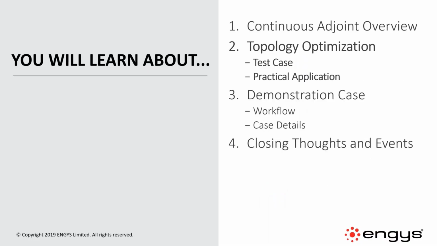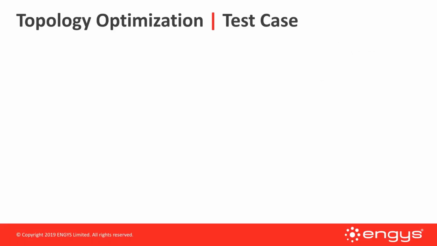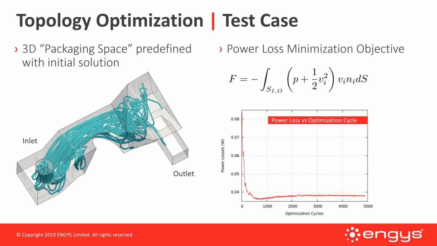So let me dive into topology optimization and talk about some test cases and some practical applications. So in terms of a test case, this is a fairly straightforward one that we use. We've got a duct, there's an inlet and an outlet. And this light gray area right here is a three-dimensional packaging space.